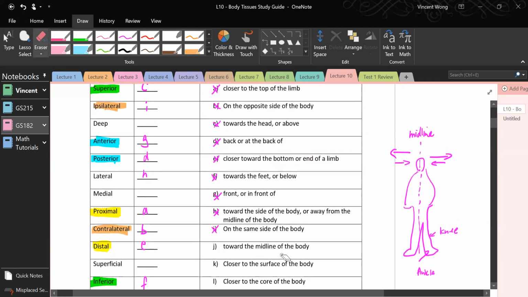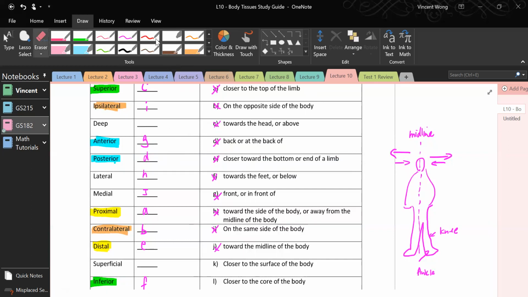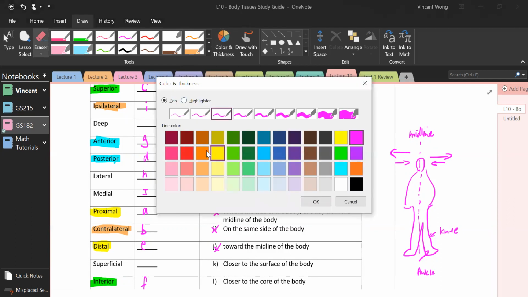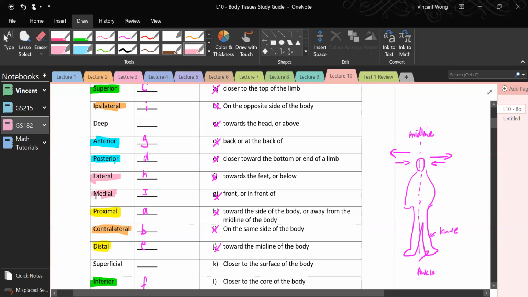Towards the midline of the body, that's medial. So your belly button is medial to your kidneys, I guess. So those would be opposite: lateral and medial.